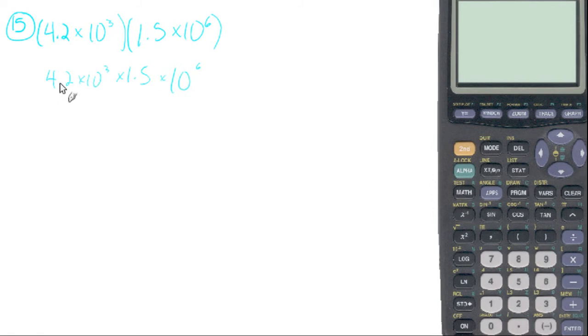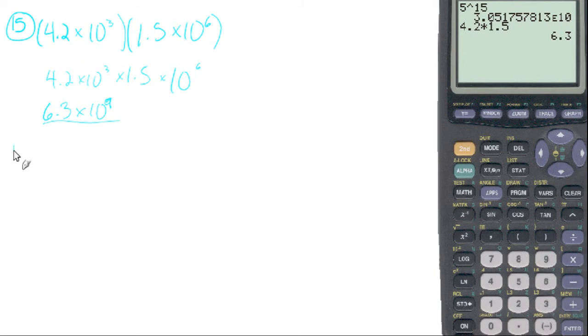The commutative property says we can multiply 4.2 and 1.5. So 4.2 times 1.5 is 6.3. Then we have 10 to the third times 10 to the sixth, so we add the exponents, 10 to the ninth. So 6.3 times 10 to the ninth is a single number in scientific notation, rather than these two multiplied together.